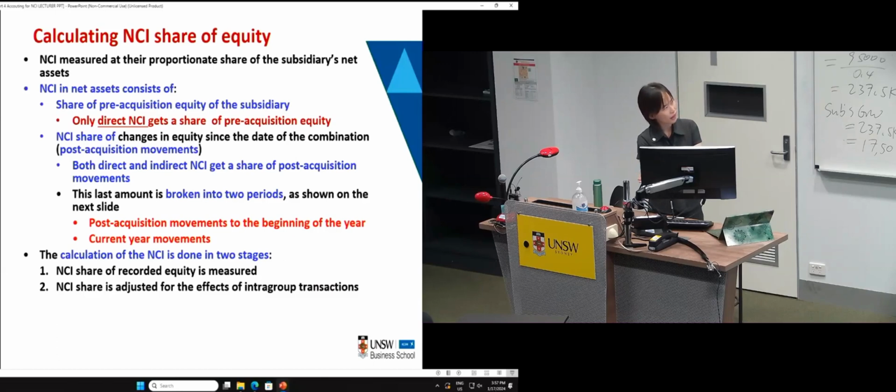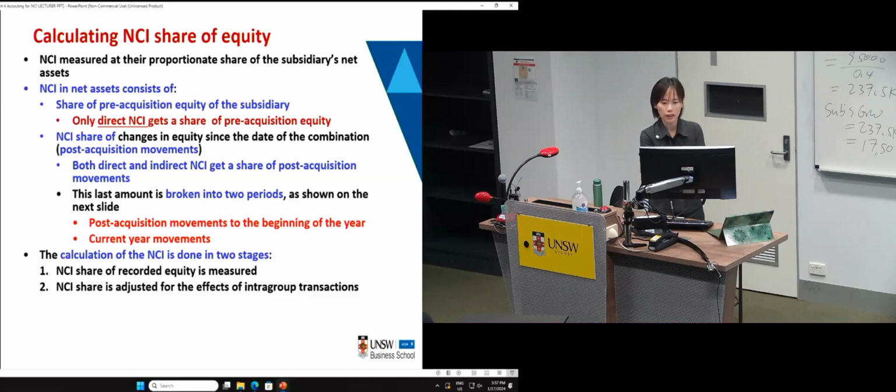Now you can see the post-acquisition equity movement of the subsidiary can be further broken down into two steps. We first of all identify NCI share of the changes in the subsidiary's equity balance from the acquisition day to the beginning of the current year. So this is related to post-acquisition equity movement to the beginning of the current year.